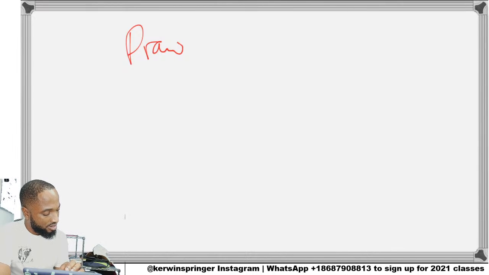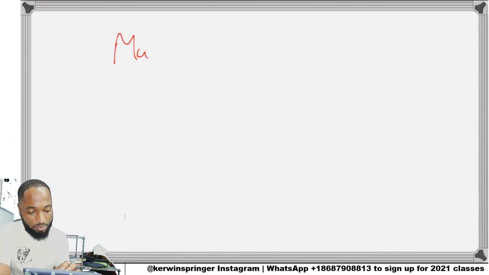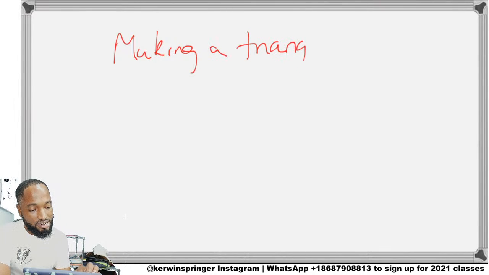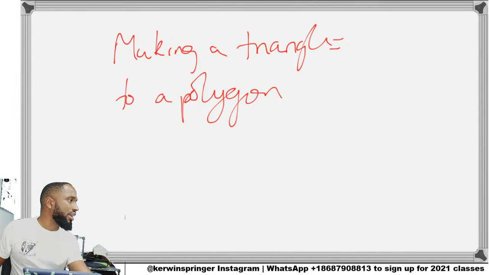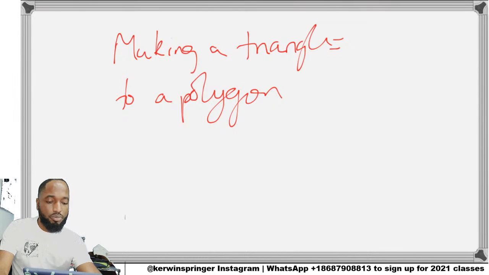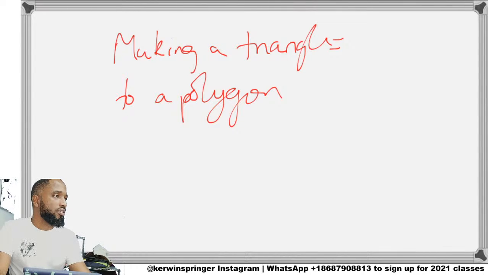Something that is asked: drawing or making a triangle equal to a polygon. I'll let you research this. They like to ask you to identify something with that: making a triangle that's equal to a given polygon.